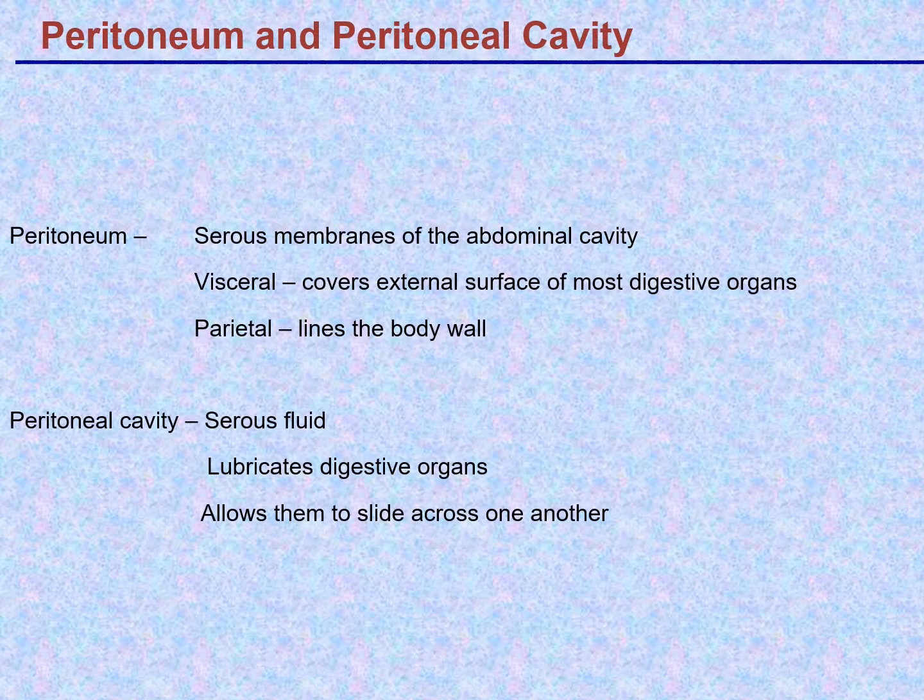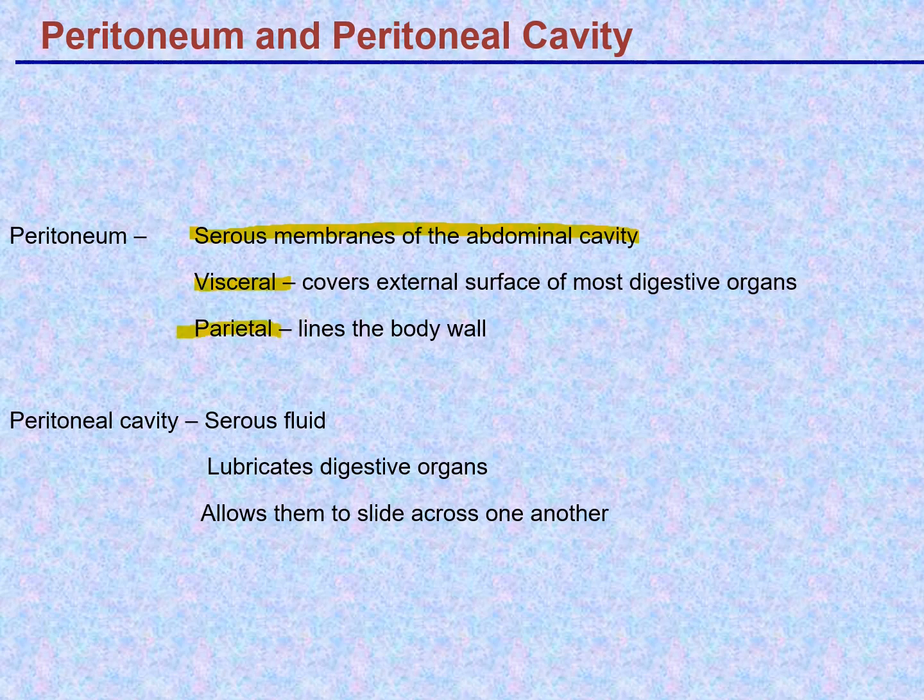In the space of the abdominal cavity, as you already know from what we've talked about in the lab, inside the peritoneal cavity you have serous membranes. The serous membranes in the peritoneal cavity are the peritoneal membranes. You have a visceral peritoneum and a parietal peritoneum.